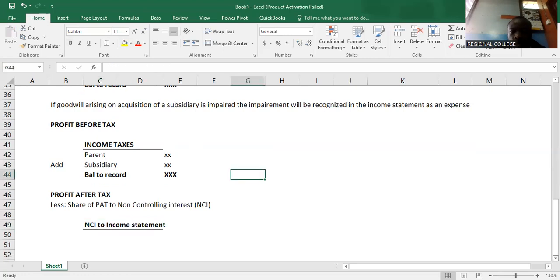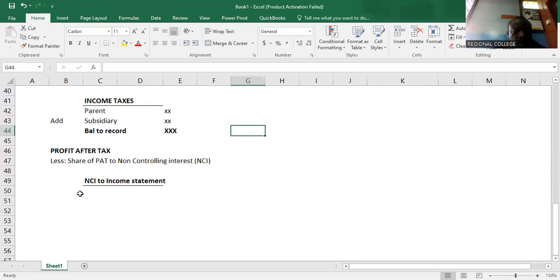So I'll go to my income statement, then I check the value, the profit after tax of the subsidiary. That is the value that I have to check.